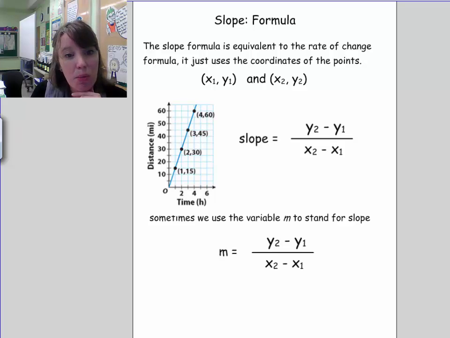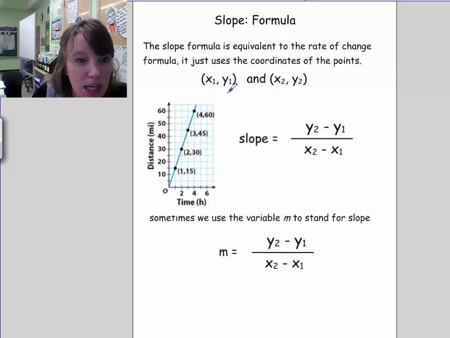Okay, the slope formula. Now, the slope formula is equivalent to the rate of change formula. It just uses the coordinates of the points. So here are the points along this line. We're going to use the coordinates x1, y1, and x2, y2.